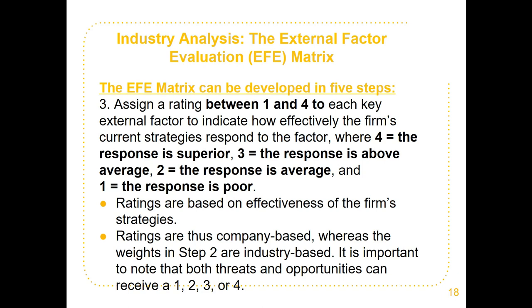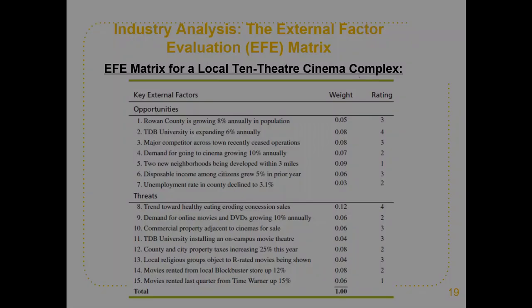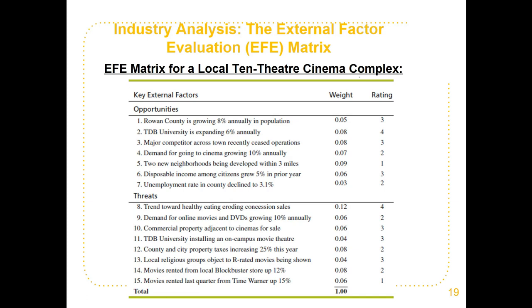It is important to note that both threats and opportunities can receive a 1, 2, 3, or 4 rating. So there you go. You have to assign weights, and then assign the rating of your external factors.